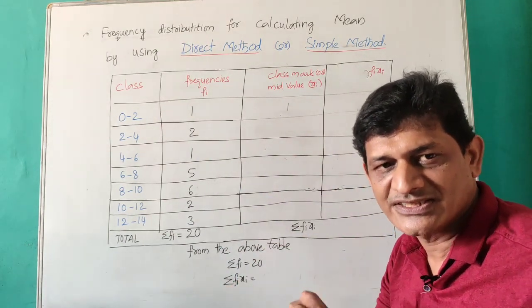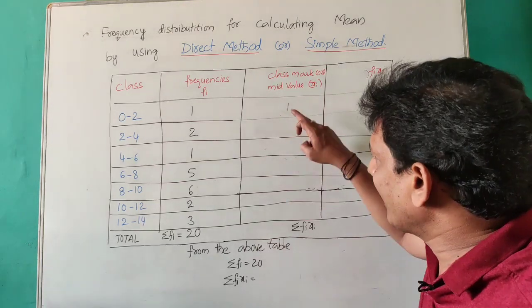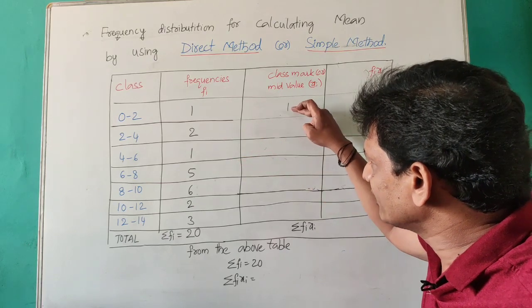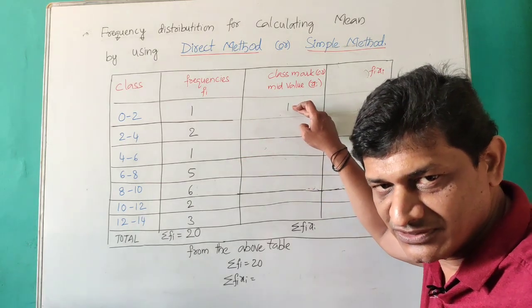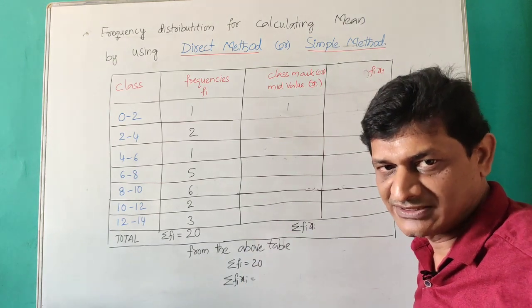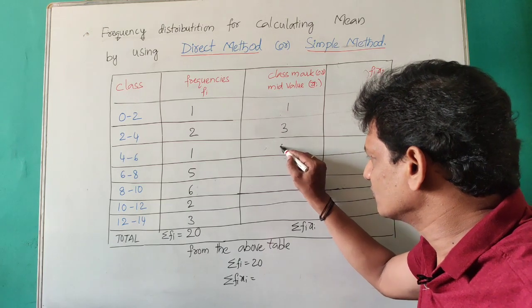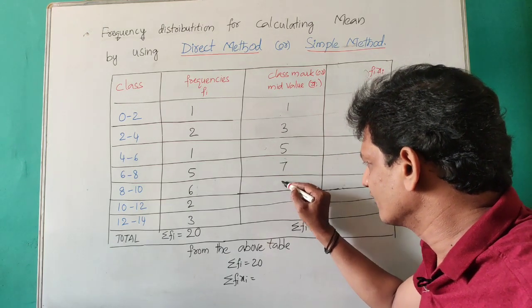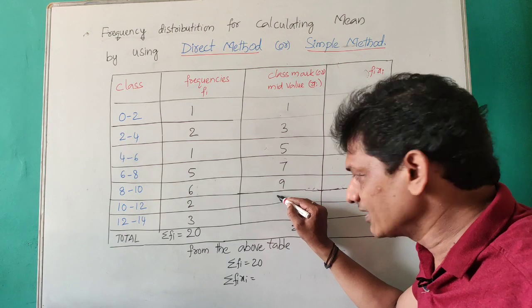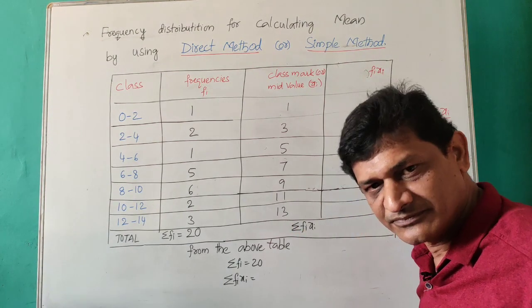So that's why the class size should be taken as 2. Now in the same way, add the class size to each mid value and you get the mid value of each successive class. 1 plus 2 is 3, 3 plus 2 is 5, 5 plus 2 is 7, 7 plus 2 is 9, 9 plus 2 is 11, 11 plus 2 is 13.